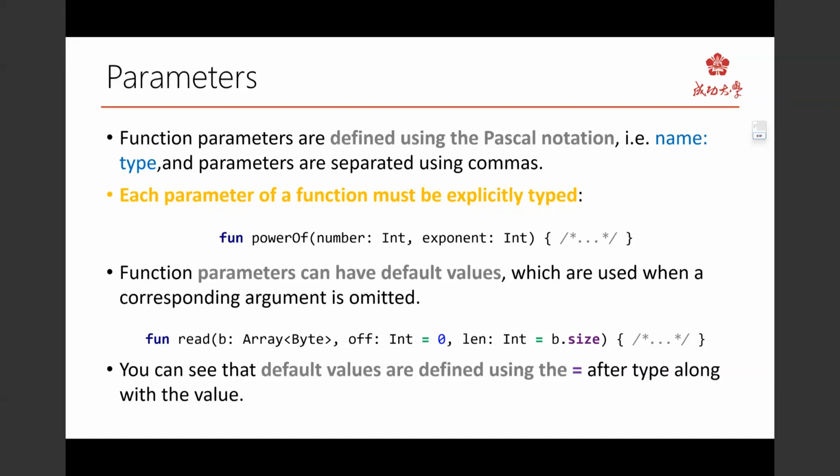And similar to Java and C++, function parameters can have default values. And to specify the default value, we simply use the equal sign over here. So in this example, the second and the third parameters of the read function are initialized to 0, and the size of the first parameter, which is an array.